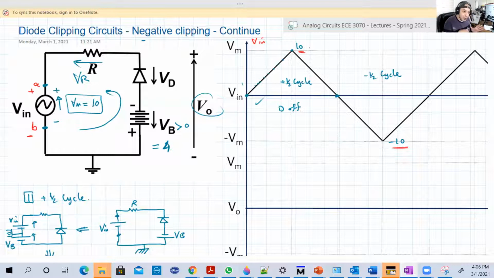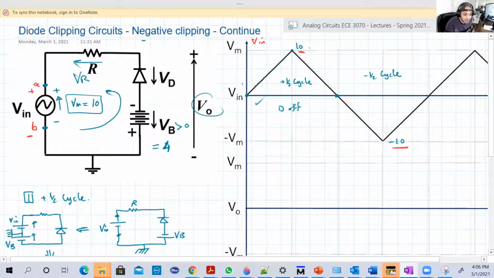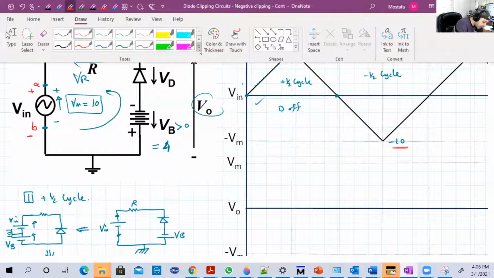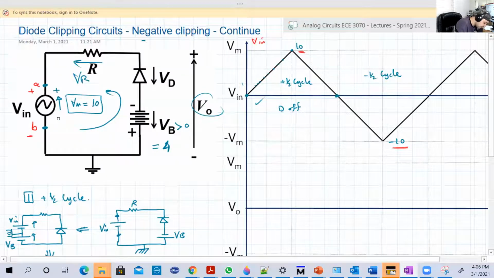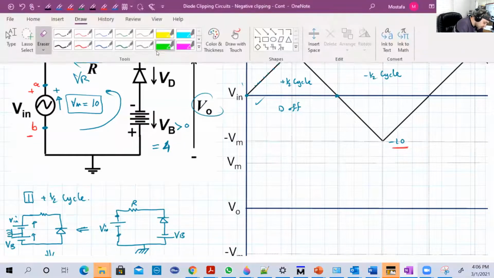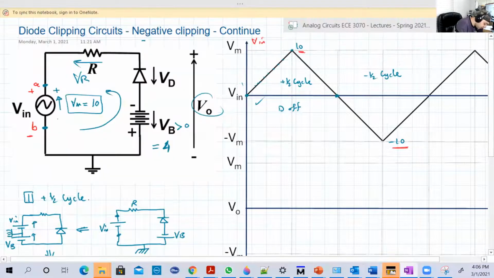We're gonna go back to the original definition, or the fact, we can say, that in the negative half cycle, the fact is B is greater than A. So what we're gonna do, we're gonna change the polarity. So we're gonna consider input in that way. We're gonna keep what we have in the positive.